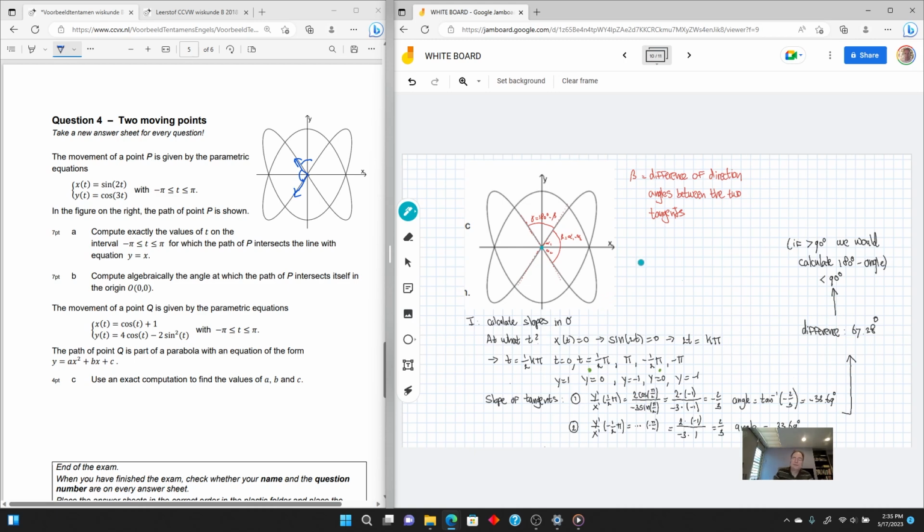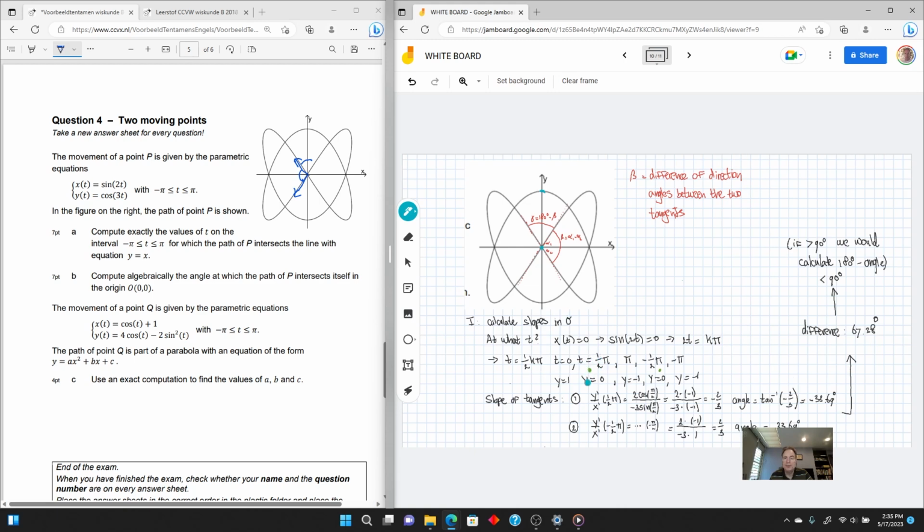And inside this interval, k can be any integer. So we start with k is 0. For k is 0, you get t is 0. But we saw already before when t is 0, actually y is 1. So that's not the origin. Then the next k is equal to 1.